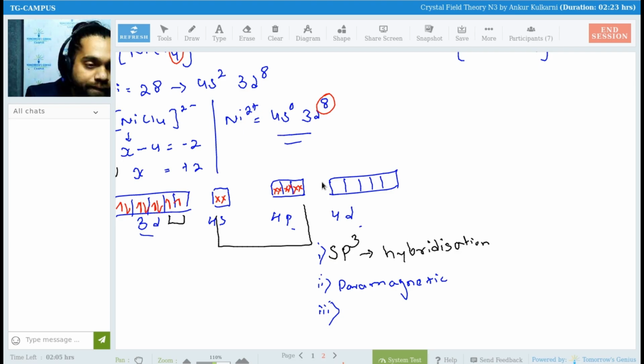Root n into n plus 2, where n is the number of unpaired electrons. Simple. From this, 2 unpaired electrons are there. So 2 into 2 plus 2, 2 into 4 is 8.